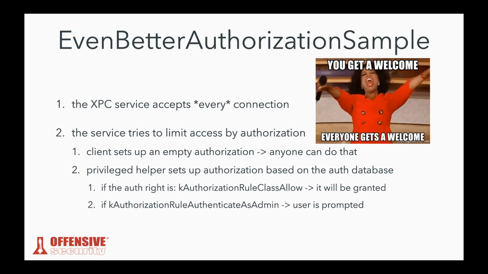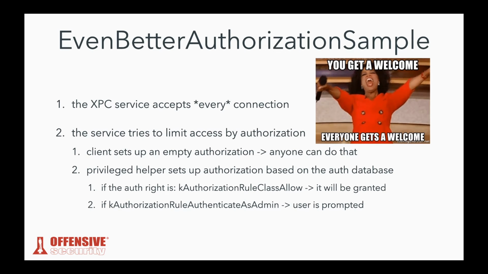So you pass that empty authorization, and then the privileged helper tool will try to obtain the rights for the client. Now, depending on how the authorization right is set up, you might be granted authorization or not.